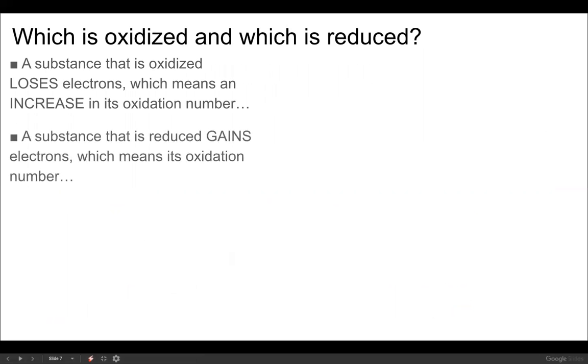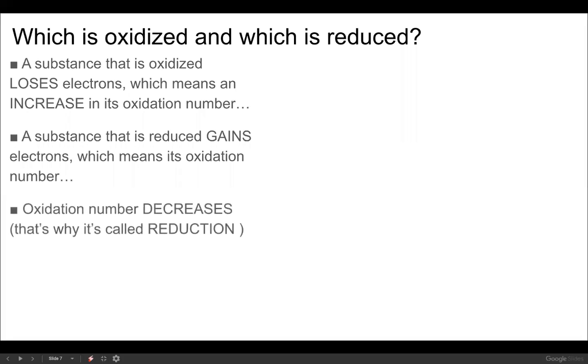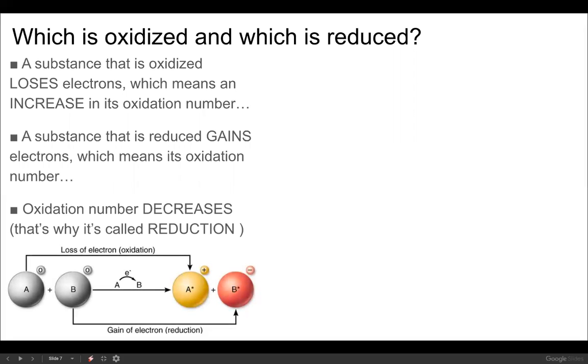A substance that is gaining electrons, which means its oxidation number does what? It decreases. And the reason for this is because it's gaining electrons. It's gaining negative charges. This is why it's called reduction. So, loss of electrons, oxidation, gaining of electrons, reduction.